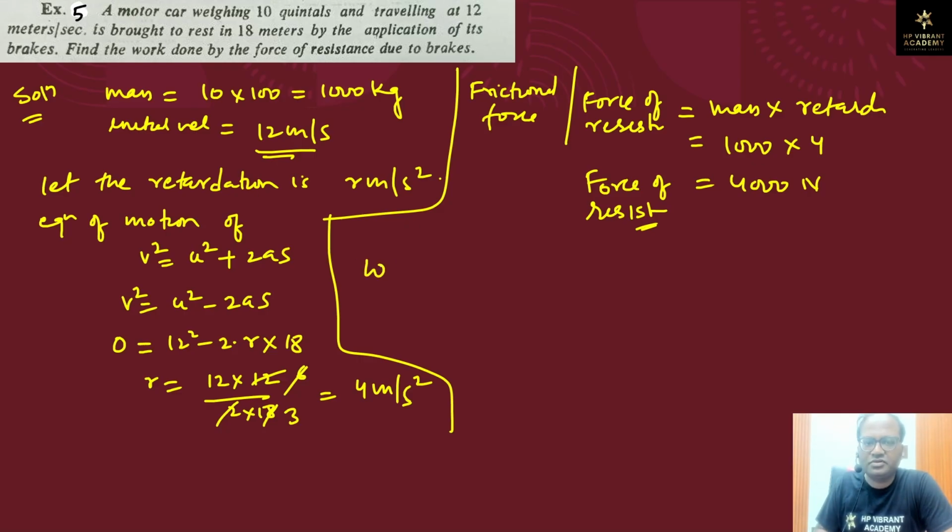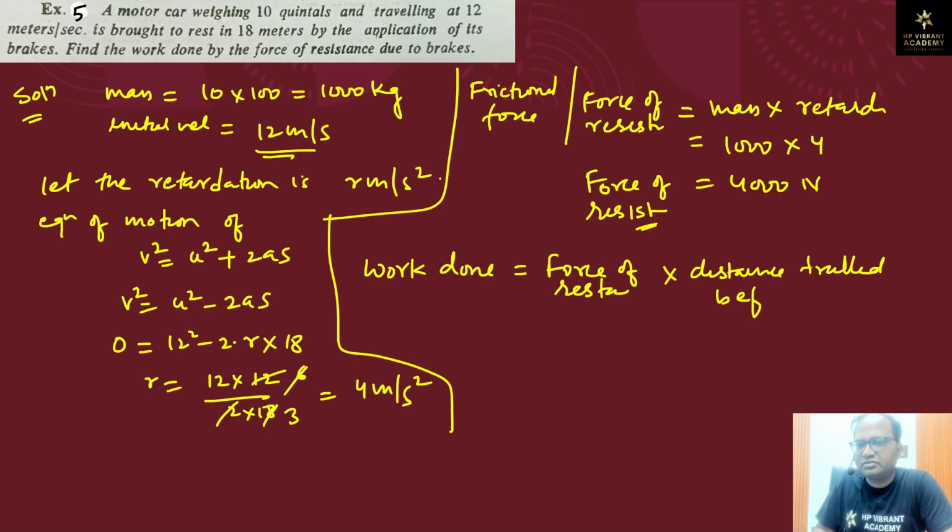Okay, so the work done is equal to the force of resistance into the distance traveled before coming to rest. So this is equal to 4000 into the distance traveled before coming to rest, which is 18 meter.